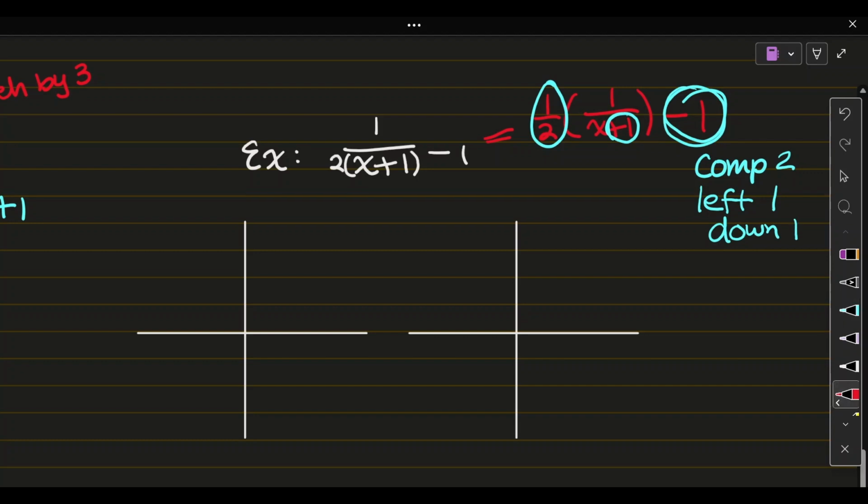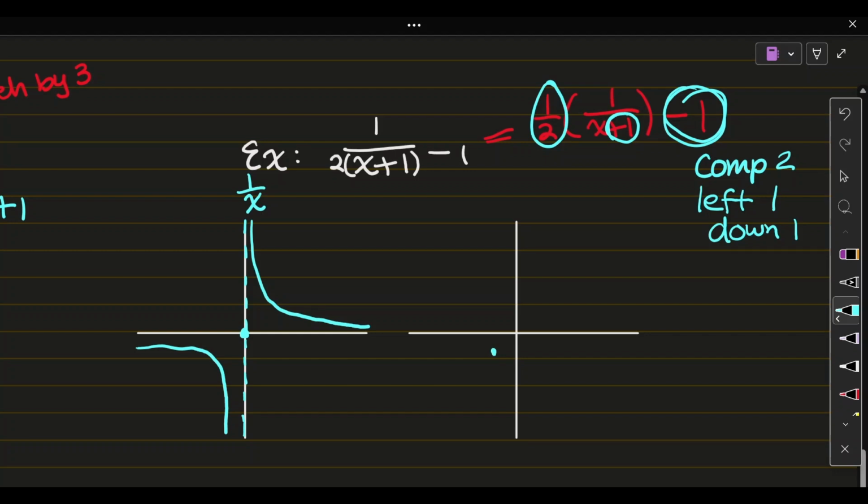For my parent graph, remember, in this case it's going to be 1 over x. So it looks like this, with an asymptote at x equals 0. Now, what I'm doing is compressing by a factor of 2. I'm moving left 1 and I'm moving down 1. So if this is my origin here, the center point of my graph will move left 1 and down 1.